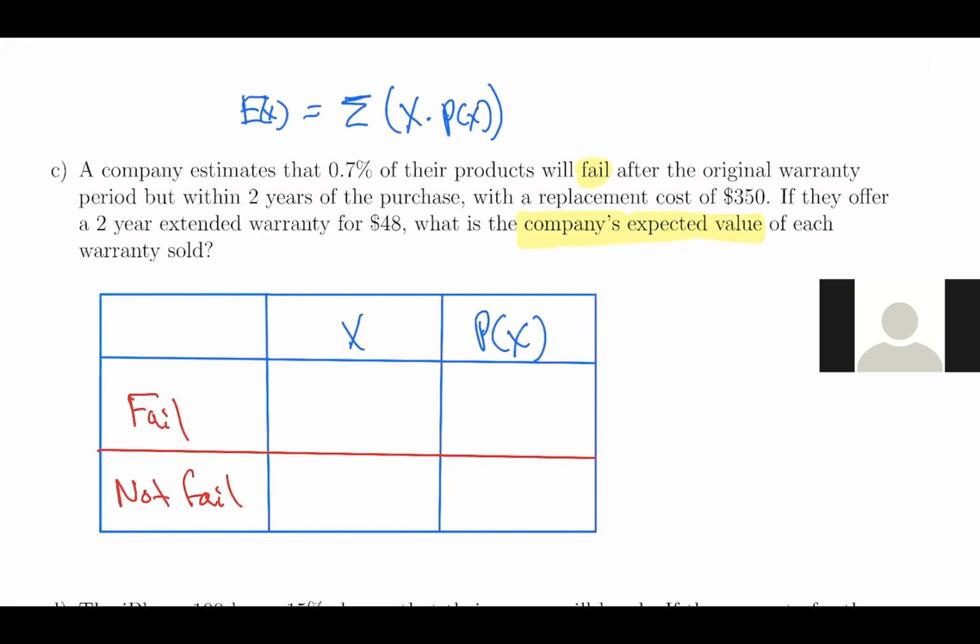All right, so it is 0.7, but you have to be careful because it's actually 0.7%.